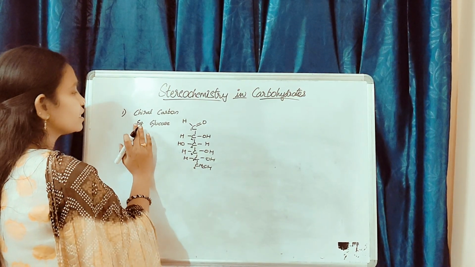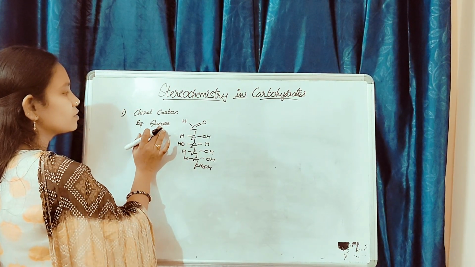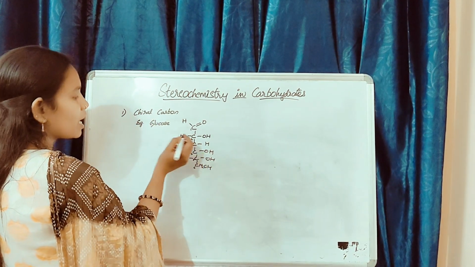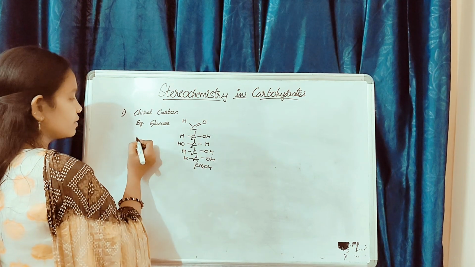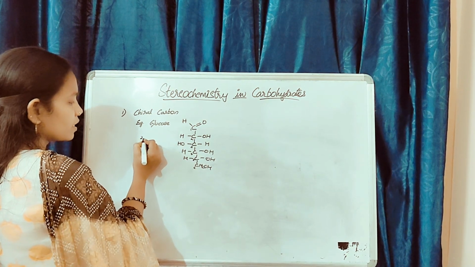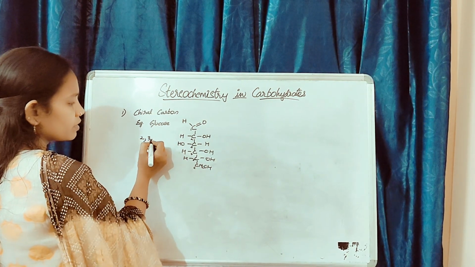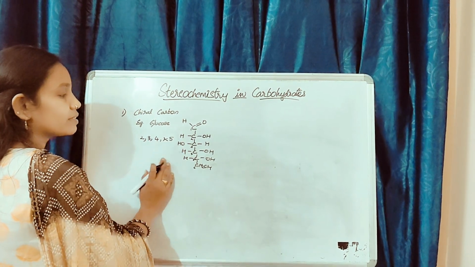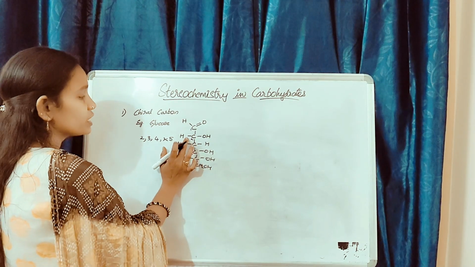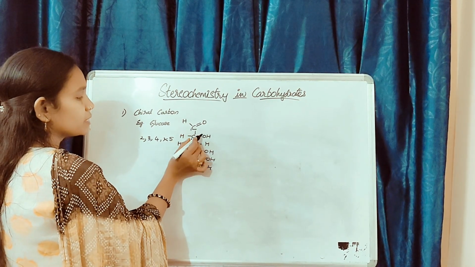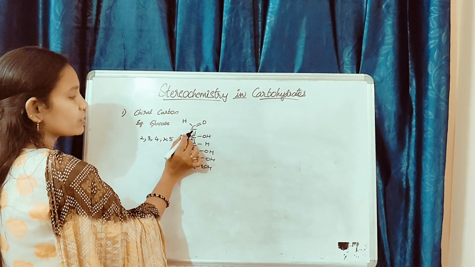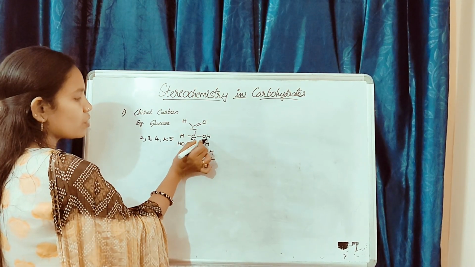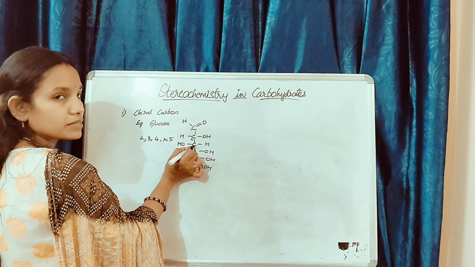So now here we are saying that glucose contains chiral carbons. Let's see how. So here I am saying that this glucose has 4 chiral carbons: carbon 2, carbon 3, carbon 4 and carbon 5. Let's see how. If you see the second carbon, it has been attached to 4 different functional groups: aldehyde group, hydrogen, hydroxyl, carbon 3.